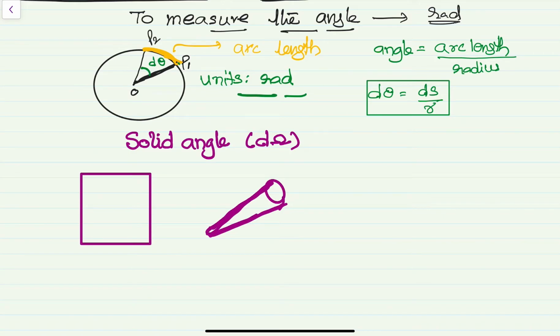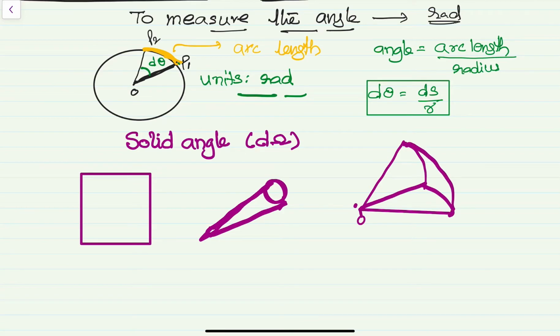It can be molded into a cone format. So if you elaborate it, see that this is an apex O here, and this is three-dimensional, so we cannot draw it.